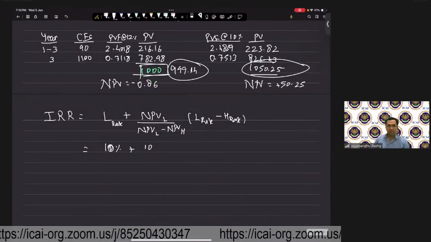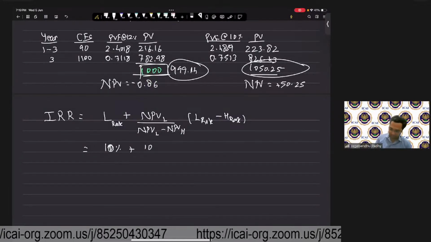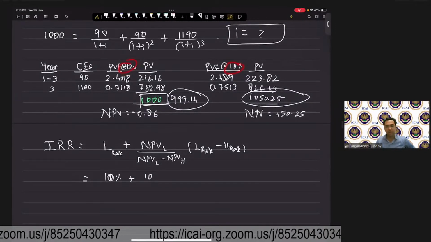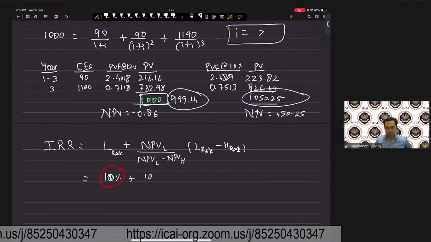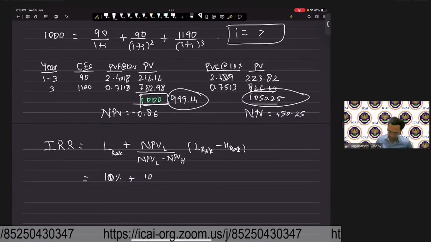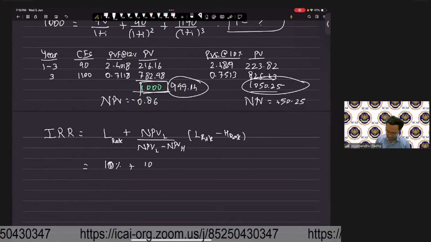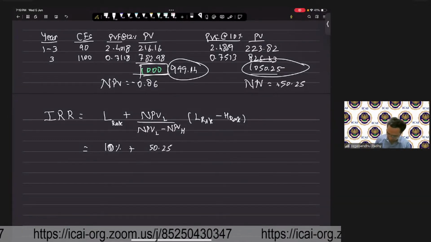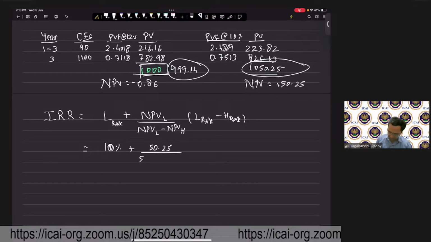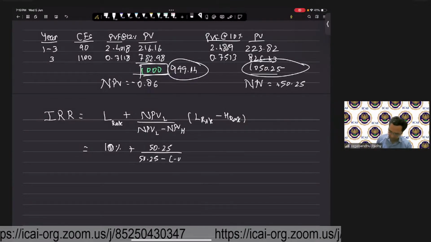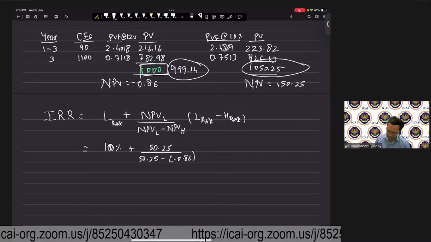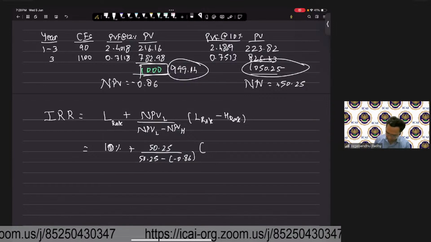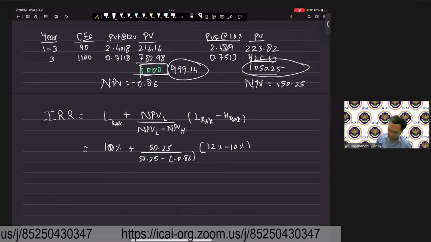We just apply this formula. The rate of return obviously has to be between 10% and 12%. So we start with 10 and then add a multiple to it. So 10% plus 50.25 upon the NPV at lower rate, which is 50.25 minus of minus 0.86, into the higher rate and lower rate difference, which is simply 12% minus 10%.